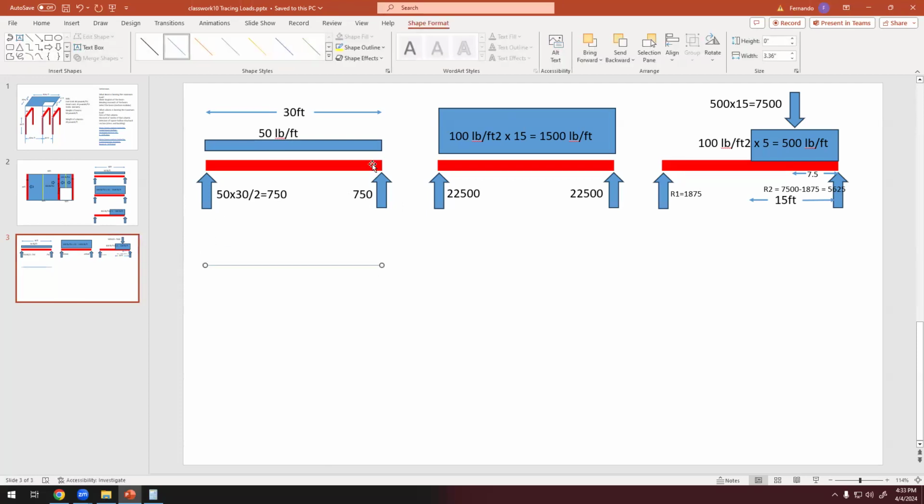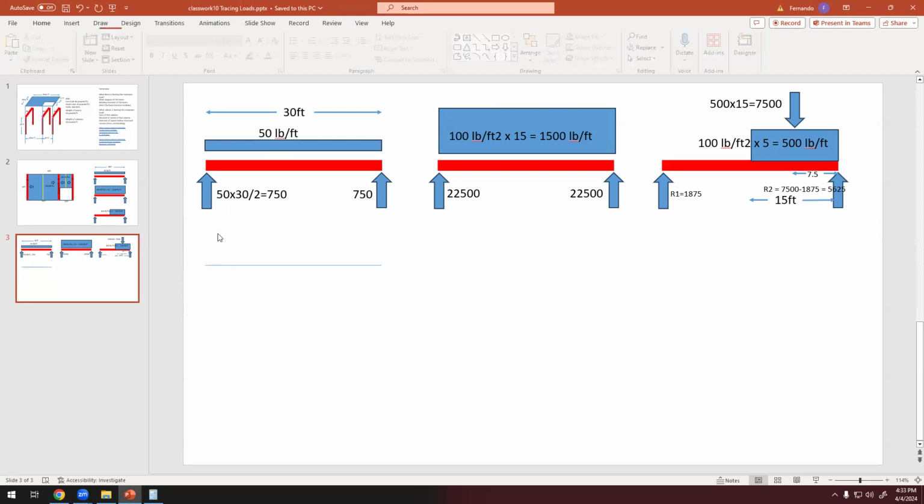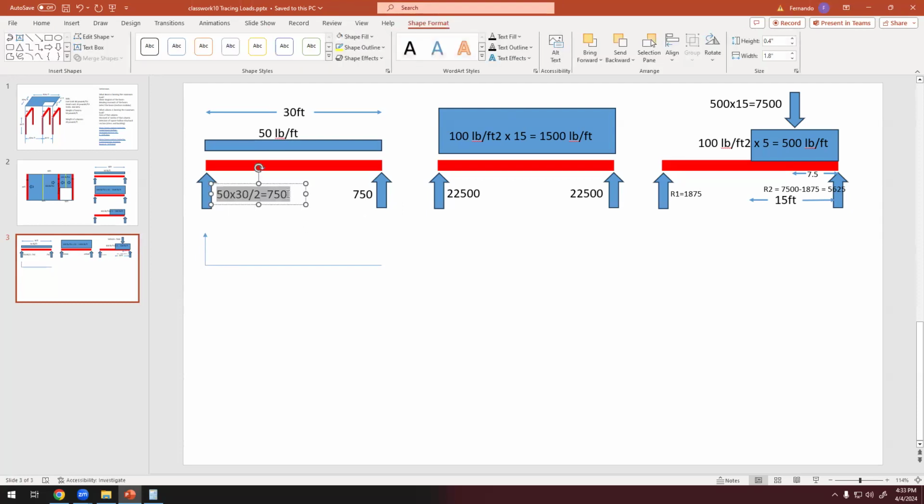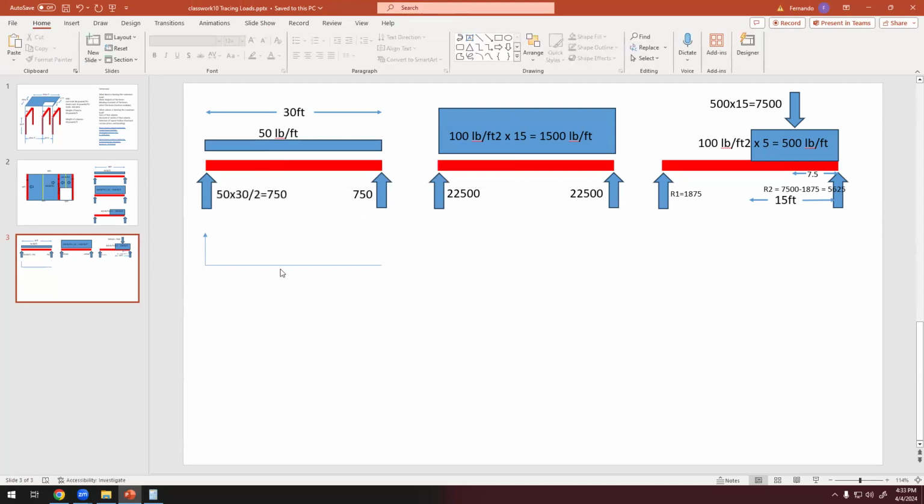But when it comes to the shear diagram, I think it's quite simple. We have the beam here. So the first thing is this arrow, this is 750 going up. Here we have another 750 going up at the end of the beam.